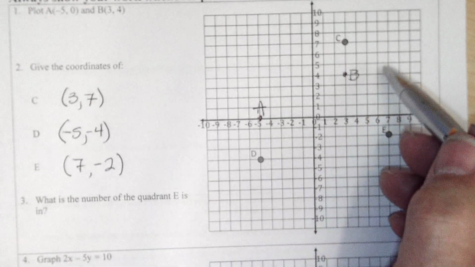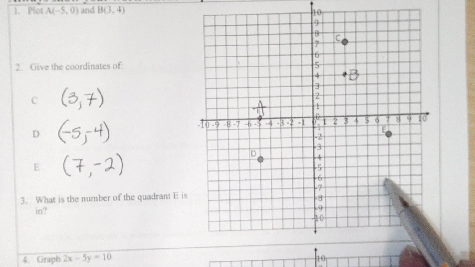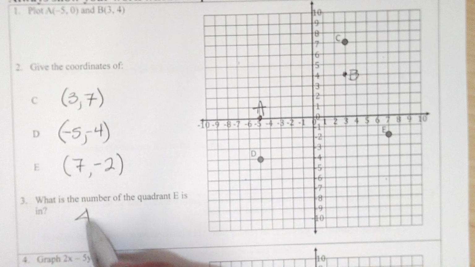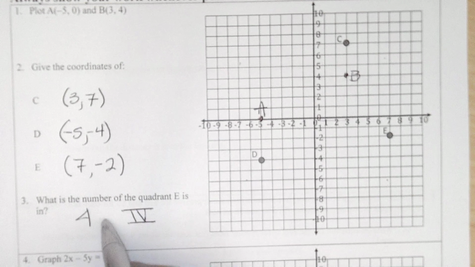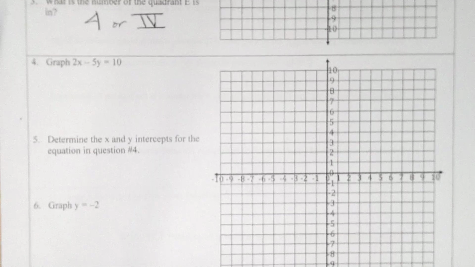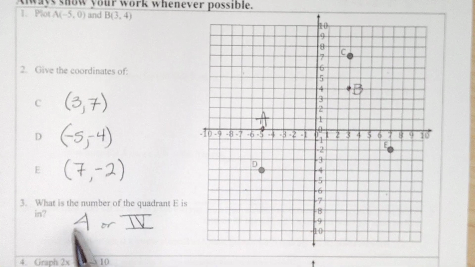And the quadrants are 1, 2, 3, and 4. And E is in quadrant 4, sometimes written in Roman numerals. That's that one. 2 points, 2 points, 2, 2, 2, and 2.